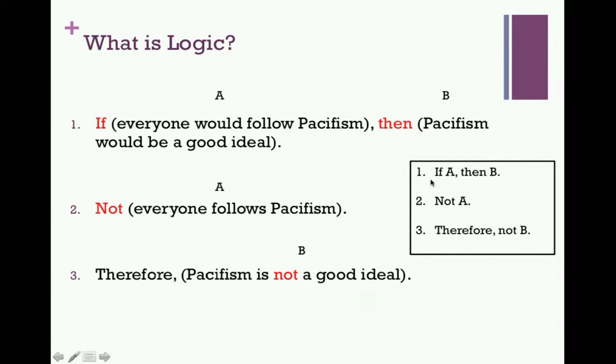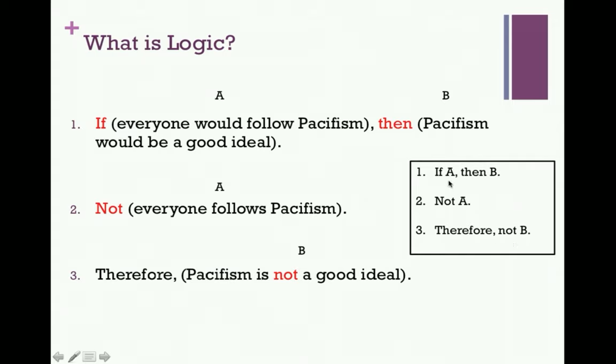Notice over here, it's saying if A, then B, not A, therefore not B. But that just logically doesn't make a great deal of sense. And if it did make sense, then we should be able to construct other arguments that follow this pattern that would work. But actually, we can construct arguments that follow this pattern of reasoning here that are just clearly nonsense.